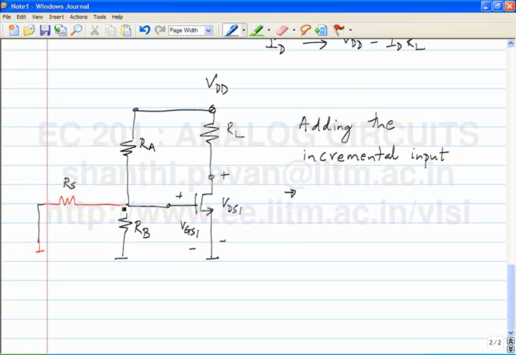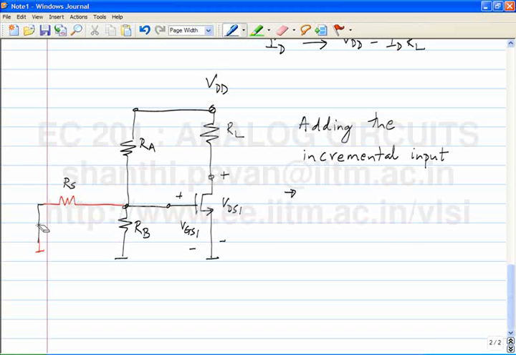It's VDD times RB parallel RS divided by RB parallel RS plus RA, which is certainly not the same as VDD times RB by RB plus RA. And in the special case when RS is 0, what happens to VGS? The transistor is dead. You understand? So clearly adding the input just like that is not a viable strategy.